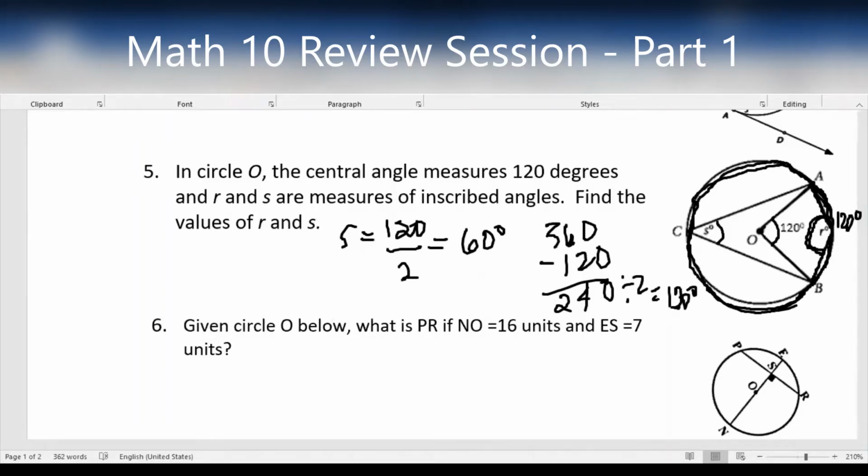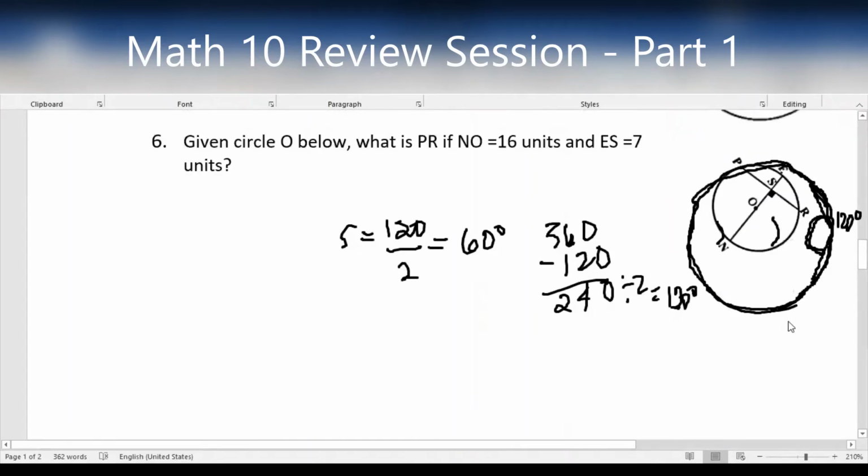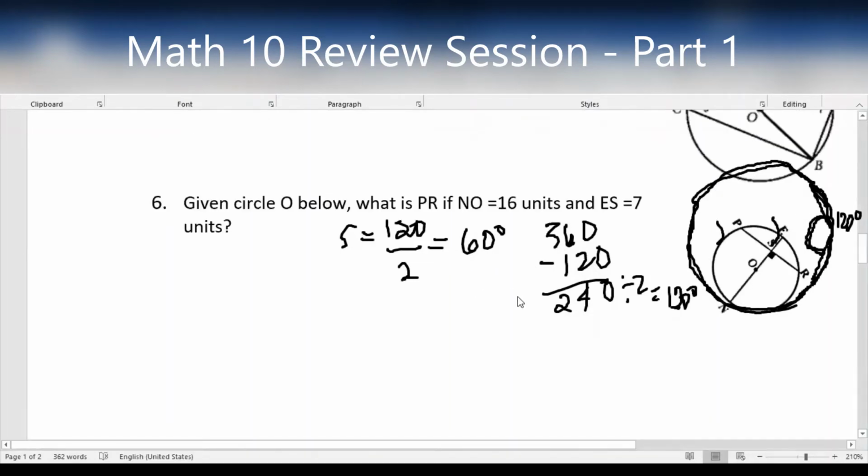Okay, next, number 6. Who is assigned to discuss number 6? Okay, number 5 is done: S is 60 degrees, R is 120 degrees.